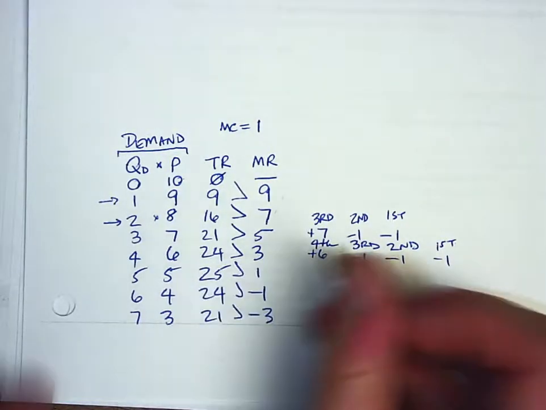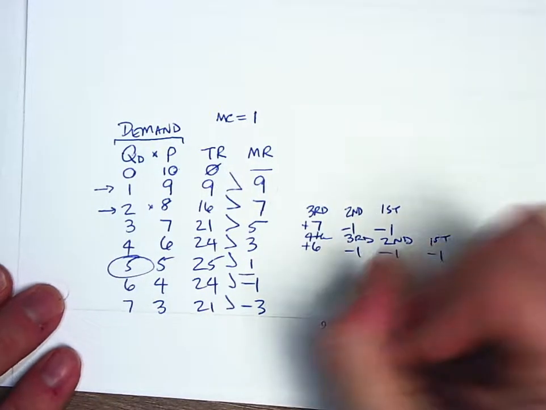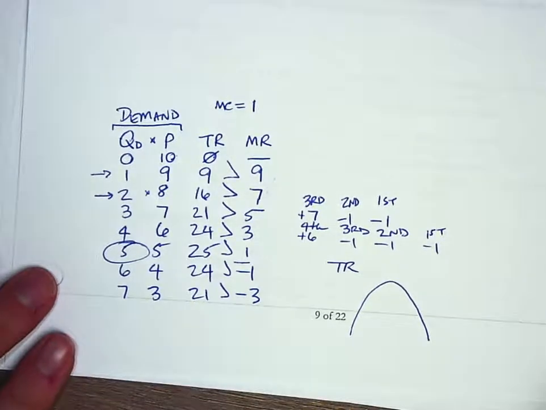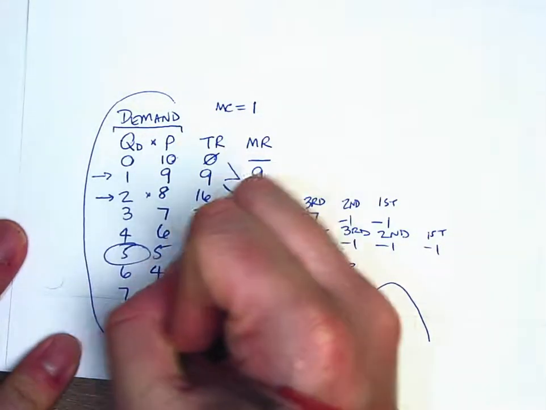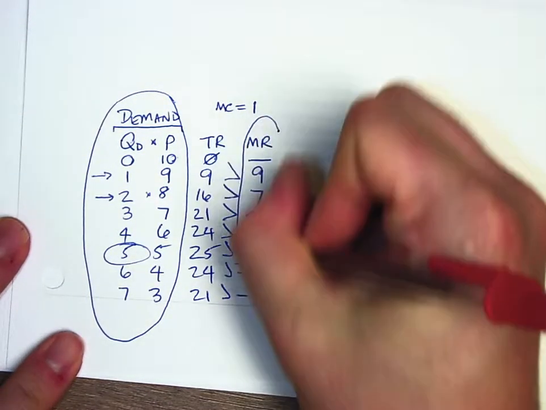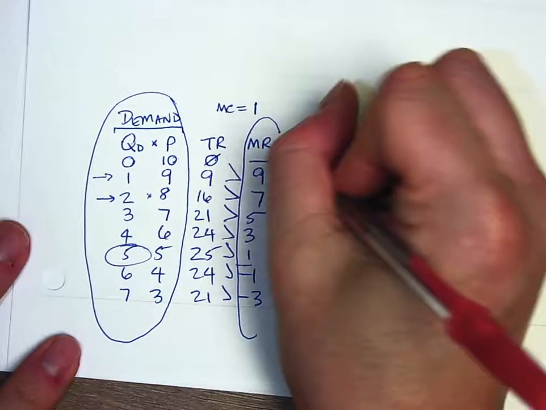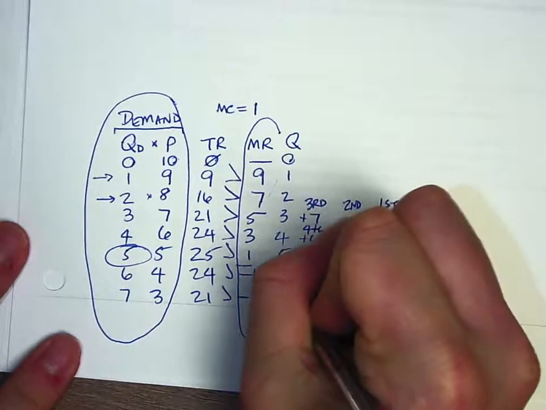So we know that they should produce the fifth unit because MR equals MC here, but you could imagine a TR curve that does one of those. And we're going to take a look at that tomorrow. The most important thing is that you have this demand curve and that now you have a marginal revenue. And if we add those quantities off to the side, we can say quantity 0, 1, 2, 3, 4, 5, 6, 7.